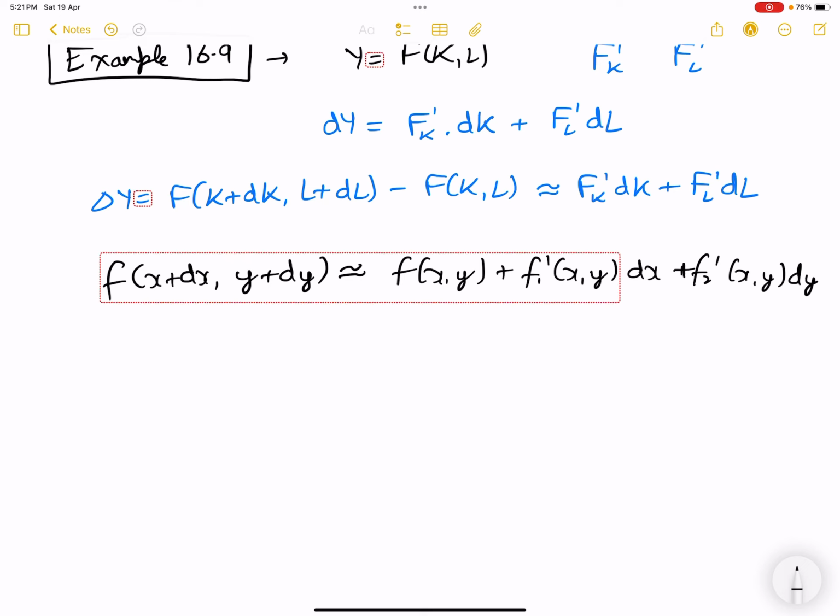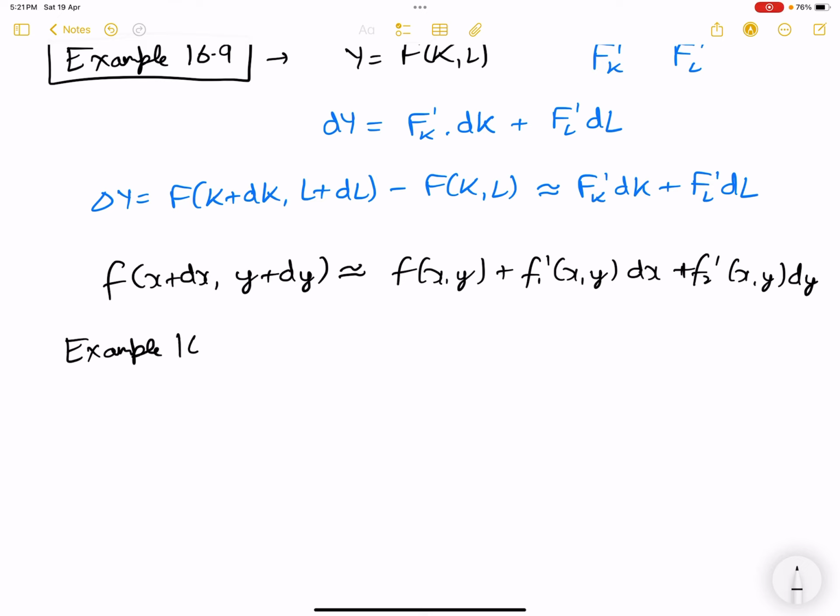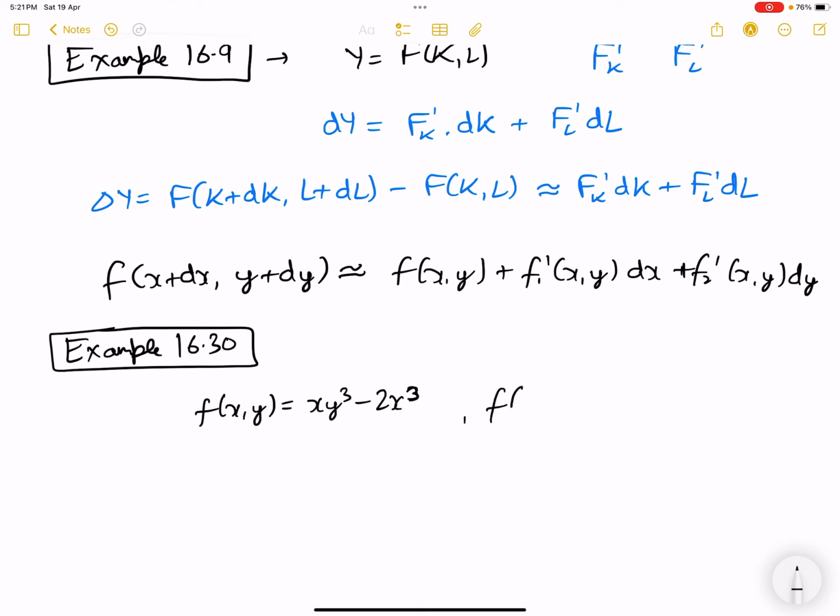Okay, so now I'll give you an example through which you are supposed to solve for this. So this is example 16.30. It is given that f of x y is x y cube minus 2x cube, and it is given that f of 2 3 equals to 38.